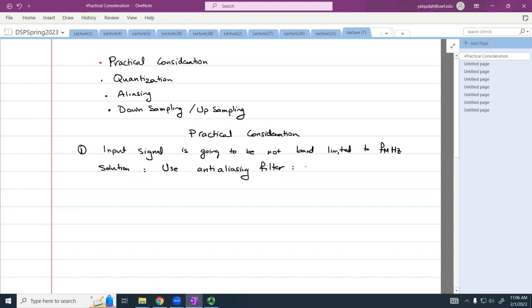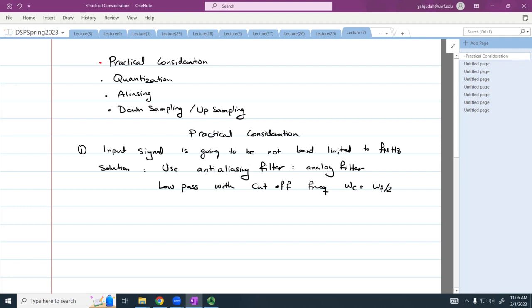So this filter is an analog filter that is a low pass with a cutoff frequency, omega cutoff, that is going to equal omega s over 2.